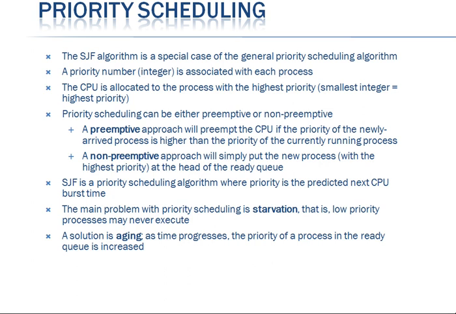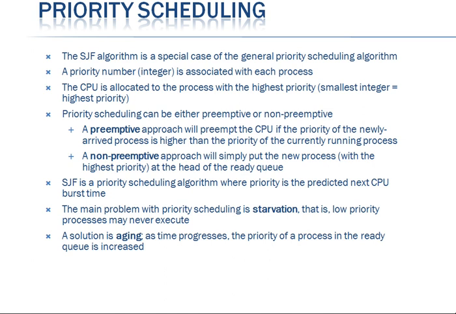The problem of starvation can be solved by aging. Aging means, as time progresses, the priority of a process in the ready queue is increased. All the processes that are ready for execution are placed in the ready queue, and their priorities are also associated with them.